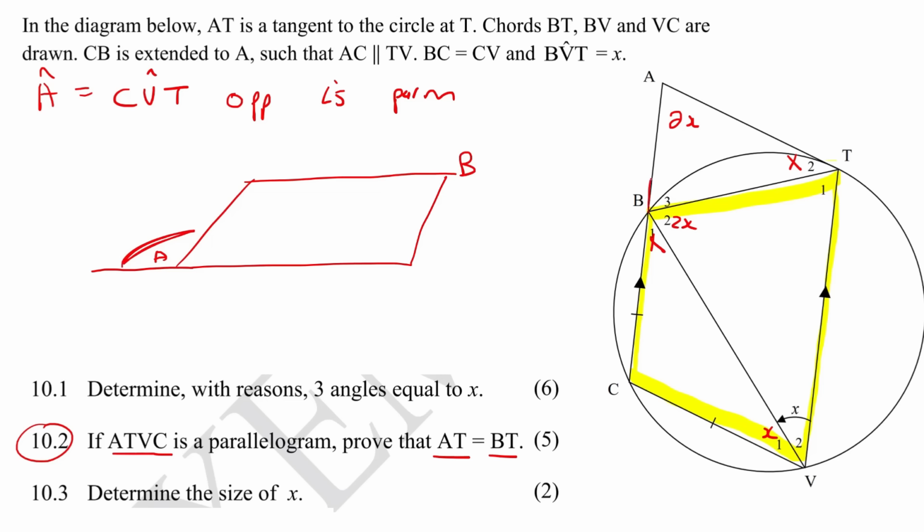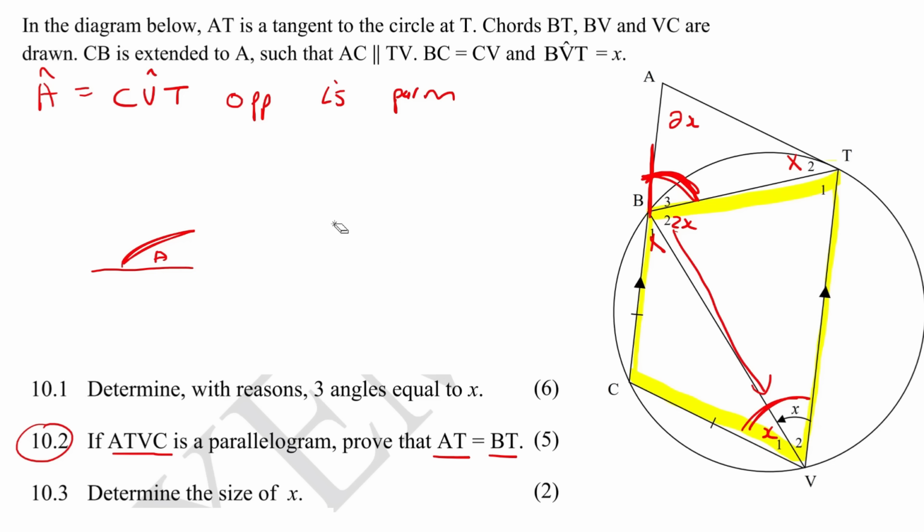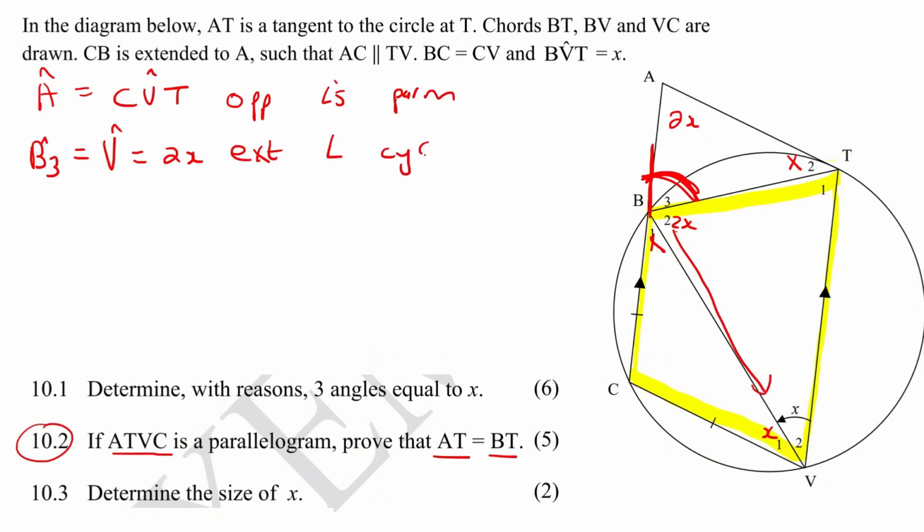So if you look at B3, that's the exterior angle of the cyclic quad. So what would it be the same as? It would be the same as the whole of angle V. So we could say B3 is equal to angle V, which is equal to 2x, because you see it's x and x, and that's because of exterior angle cyclic quad.